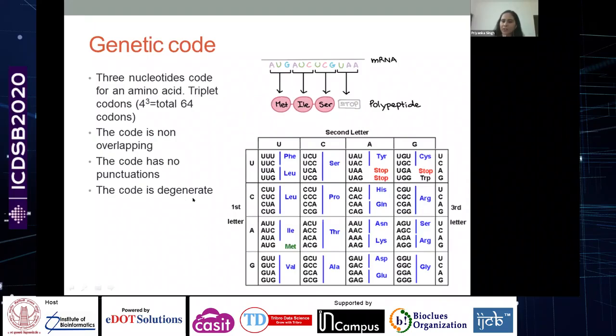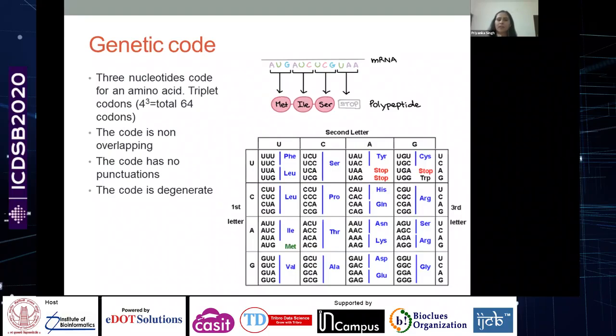The codes are degenerate, so there is a redundancy in which the code is read, because if every code had a unique amino acid, then you would have around 64 amino acids, but that's not correct. The naturally occurring amino acids are 20.